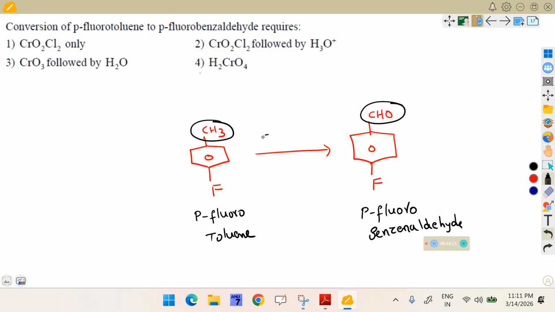So use CrO2Cl2 followed by hydrolysis. Then it gives the aldehyde. The methyl group is converted to the aldehyde group. So the second option is the correct option.